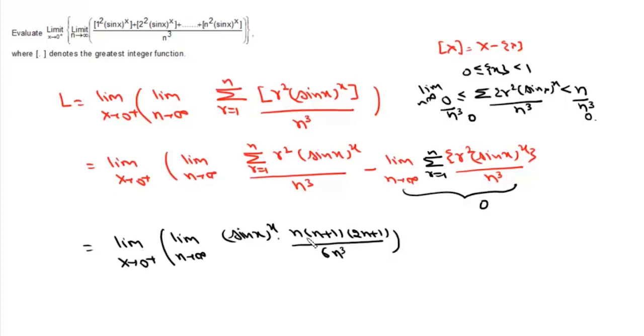Highest power of n in the numerator is 3 and highest power of n in the denominator is also 3. So the answer will be the ratio of coefficients of n cube in the numerator and denominator. So it will reduce to limit x tends to 0 positive of sin x to the power x upon 6, which is 1 by 3 sin x to the power x.